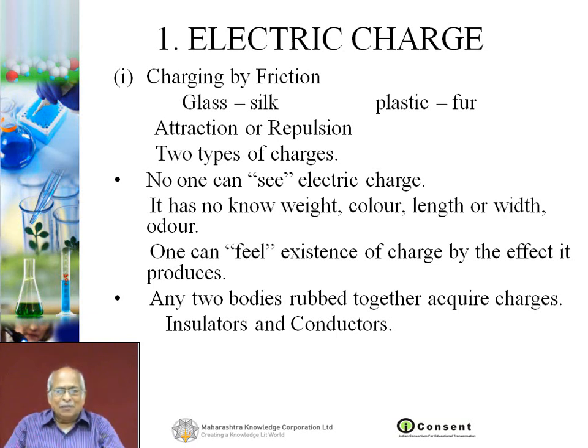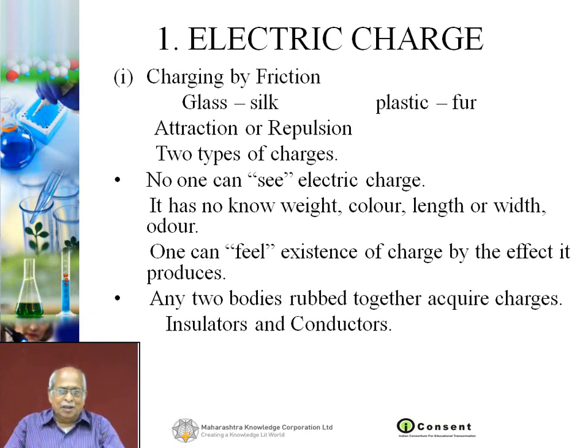So, in this way, in the 17th century, scientists tried to produce charge on different bodies by suitable friction. Then, experiments were performed to study properties of these charges. The immediate property known was that charge on the glass rod or on the ebonite rod is able to attract light bodies.